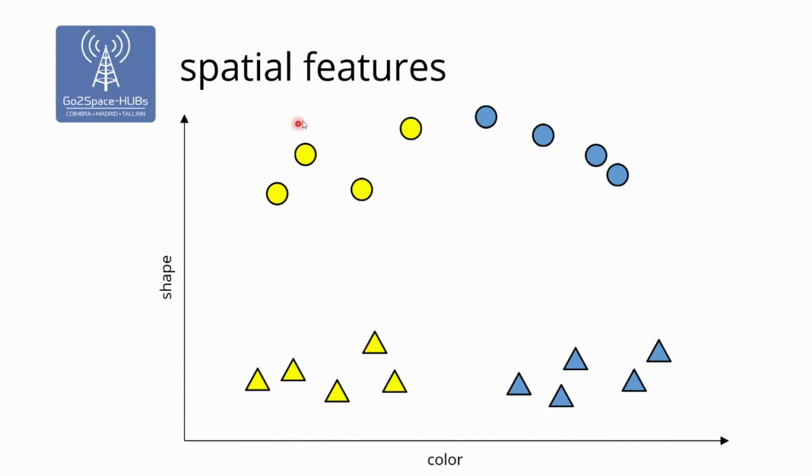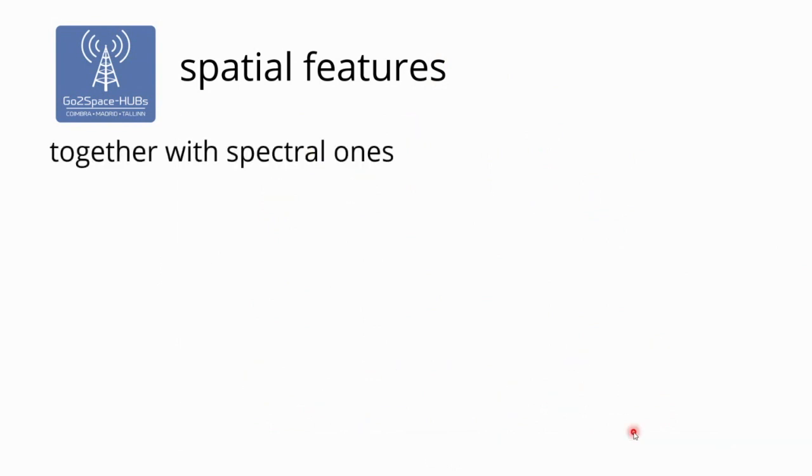So we can say, okay, yellow triangles, yellow circles, blue circles, blue triangles. Everything is settled. As I said, we use it with spectral features because spectral features are very important always, or almost always. Sometimes they are just not enough.